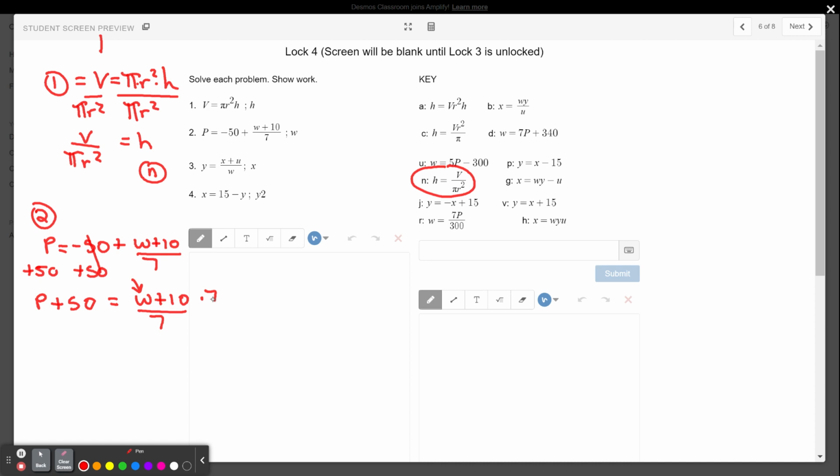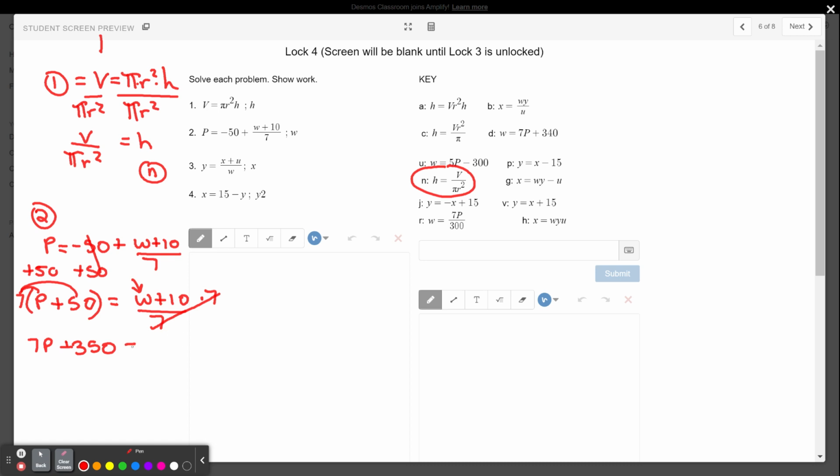So we do have to multiply by 7. And you have to remember you have to multiply the whole left side by 7. So I introduced the parentheses. So we have 7p plus 350. And notice the 7 on the right just cancels out dividing by 7 because it's 7 times 1/7.